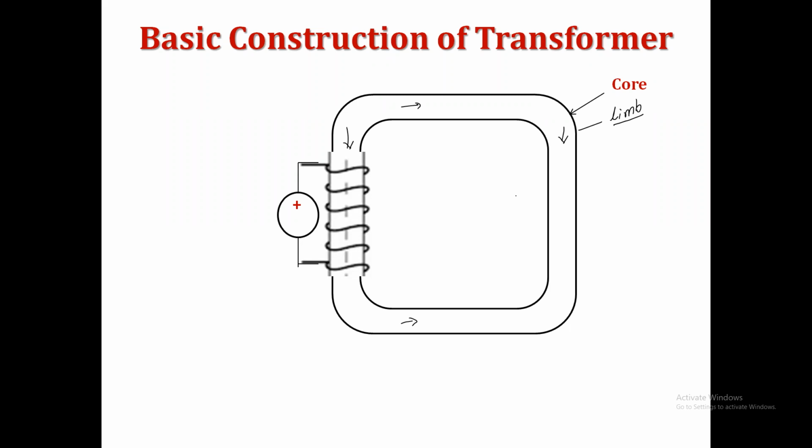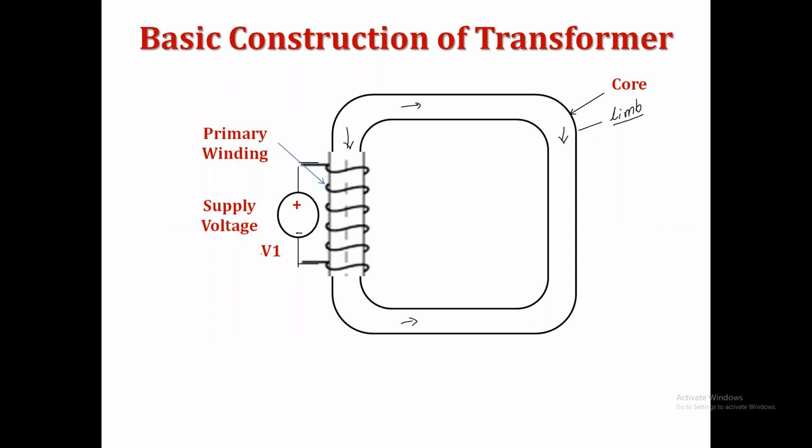Now here, consider this as the positive terminal and this as the negative terminal. Get it, my point? This is connected to the supply. Now, whether that supply voltage is AC or DC, we will see later. But this is the supply, and we know that this is the supply voltage, this is the primary winding. Let's assume that the supply voltage is V1, so that it will give the energy to the primary winding.